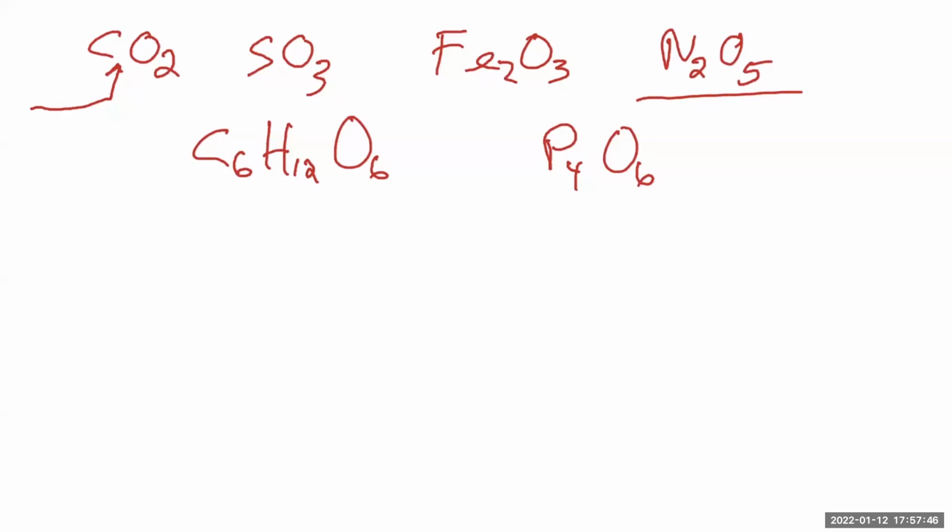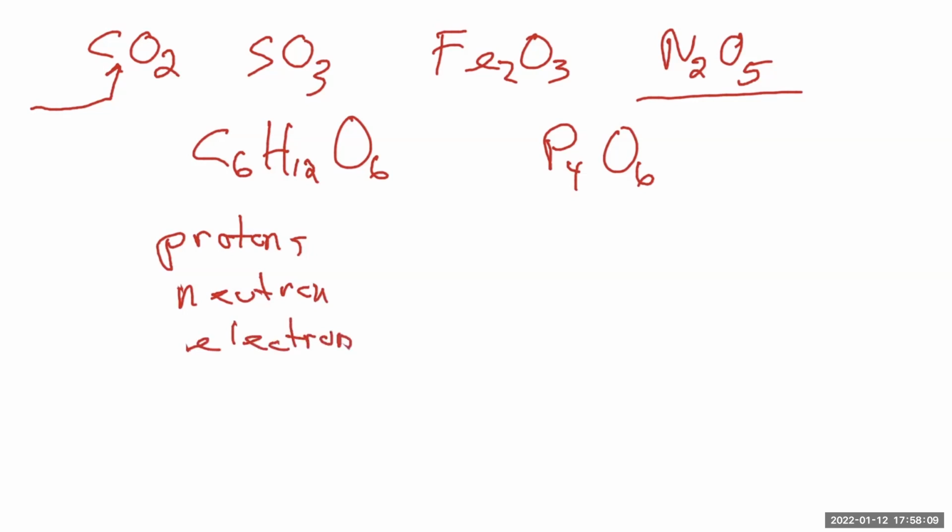Now, everything's composed of atoms. Atoms are made up of 3 parts. Every atom is made up of protons, neutrons, and electrons. Okay?